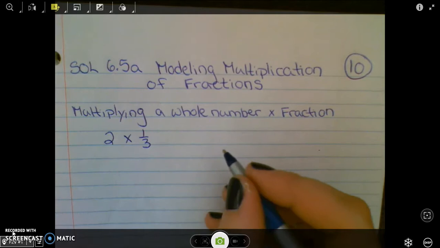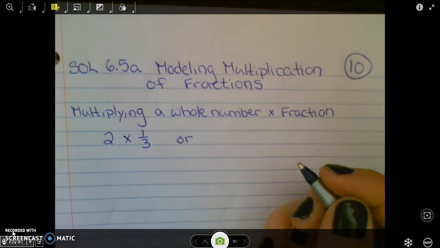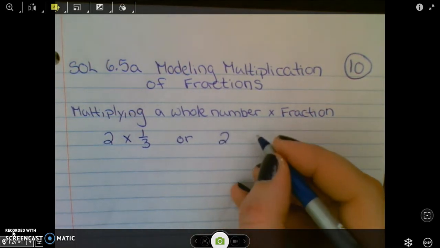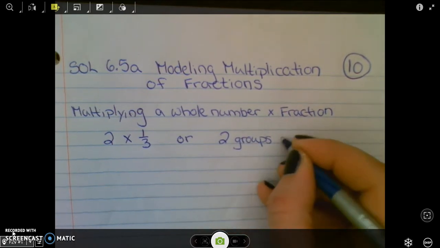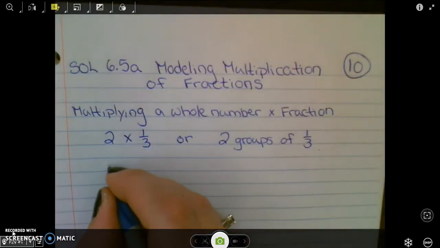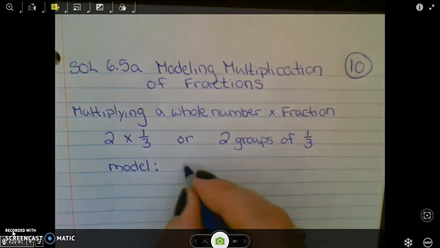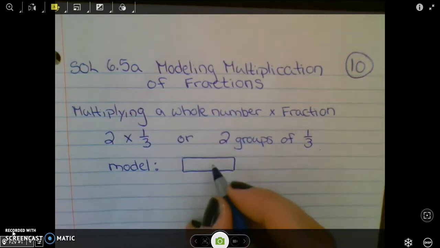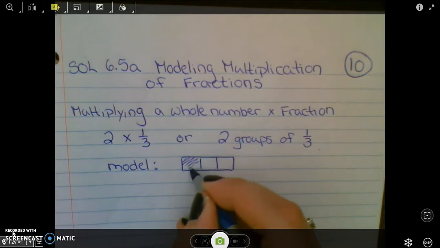And what that really means is, we said yesterday, you have two groups of 1/3, or you have 1/3 2 times. We'll write 2 groups of 1/3. So if I were to model that, we drew a rectangle that we divided into thirds, and we shaded in 1/3.